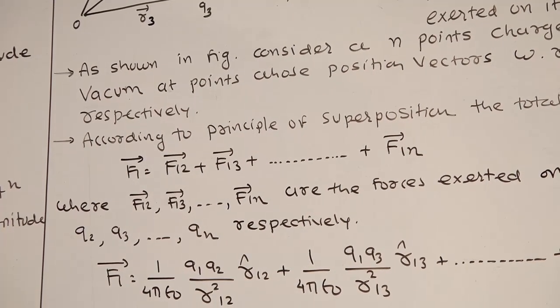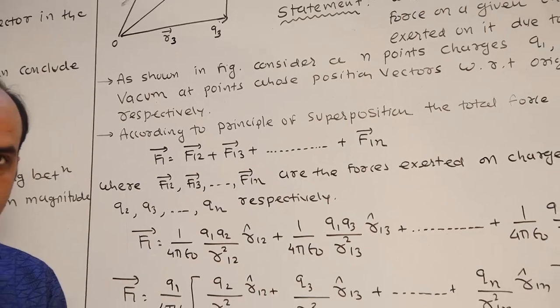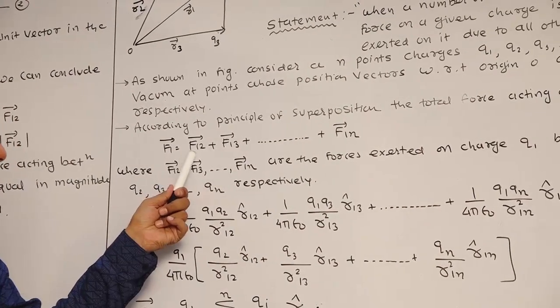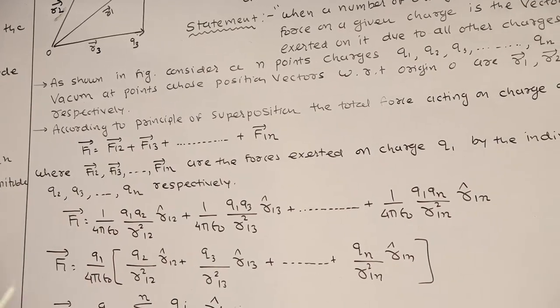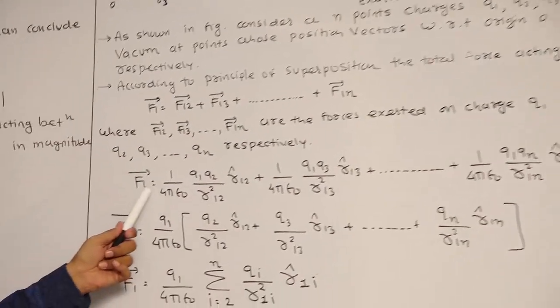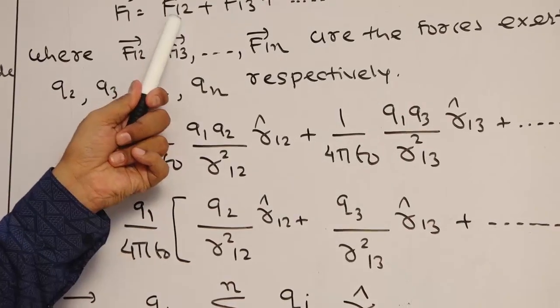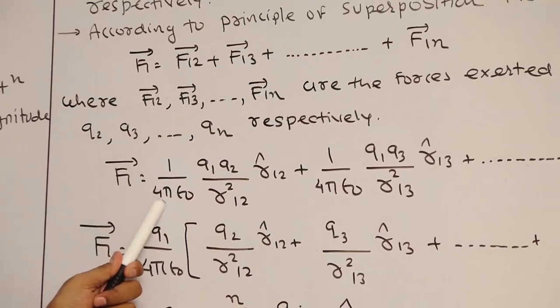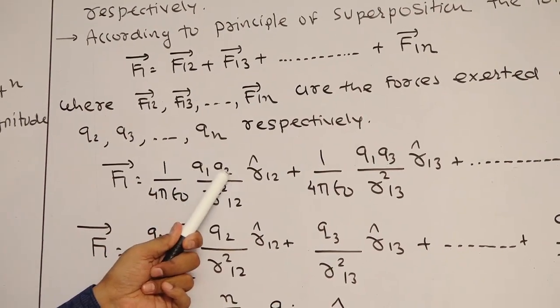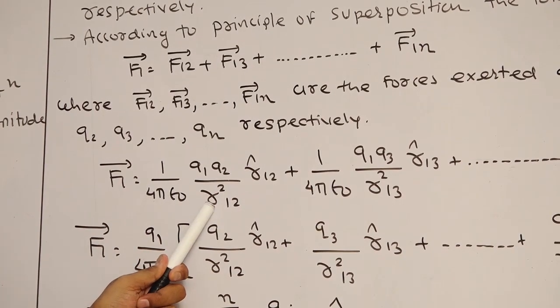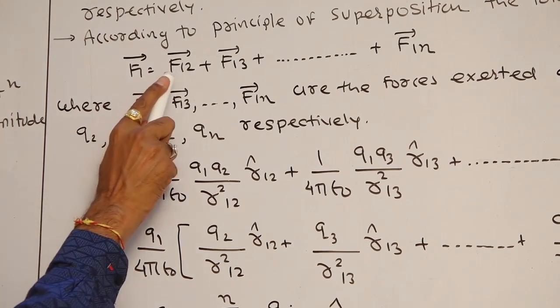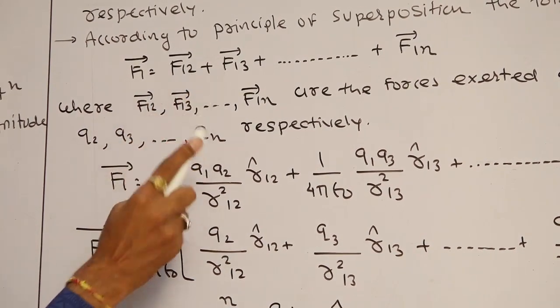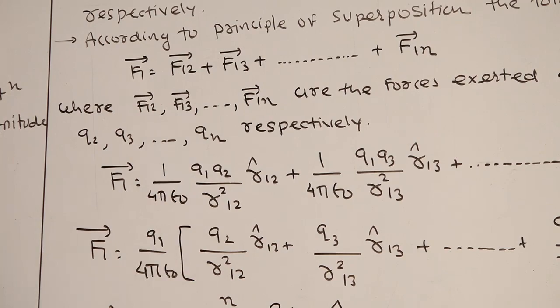Well, student, the vector form of Coulomb's law is already studied. So now please write down the expression of vector F12 in vector form. The next step: vector F1 is equal to the expansion of vector F12, given by 1 upon 4 pi epsilon 0, Q1 Q2 by r square 12, into r cap 12. Student, here it is the 1 and 2 numbers, so we write the names of the charges Q1 Q2.